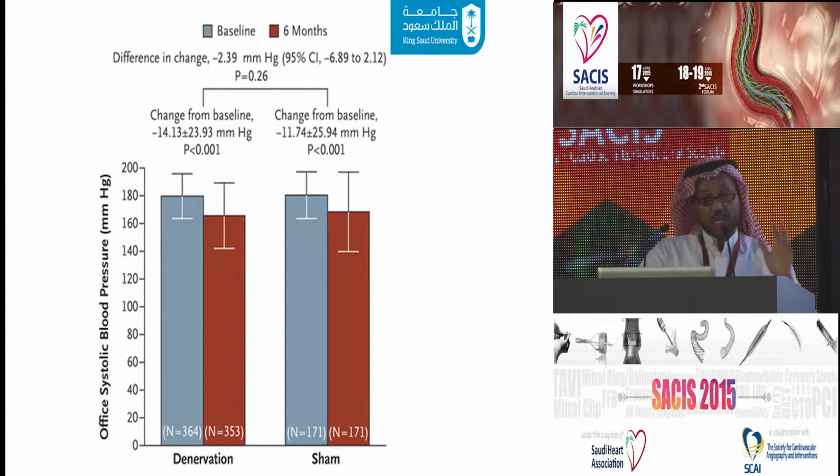There was a significant reduction in the blood pressure, most likely due to placebo effect. When you're in a randomized trial, your blood pressure gets more controlled because you get more attention from doctors. If you compare the two bars with the two bars on the left side of the slide, there was no statistical significance between the two groups when it was done in a sham fashion.